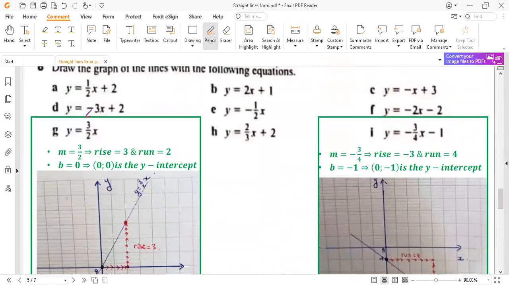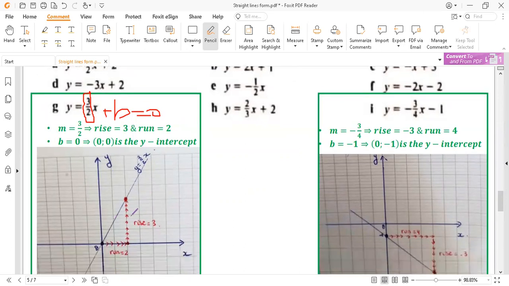For example, if the gradient equals 3/2 and b equals 0, because we don't have a b in this equation. We have mx plus b, but b is missing, so b equals 0 and the y-intercept is 0. So (0, 0) is the first particular point of this line.